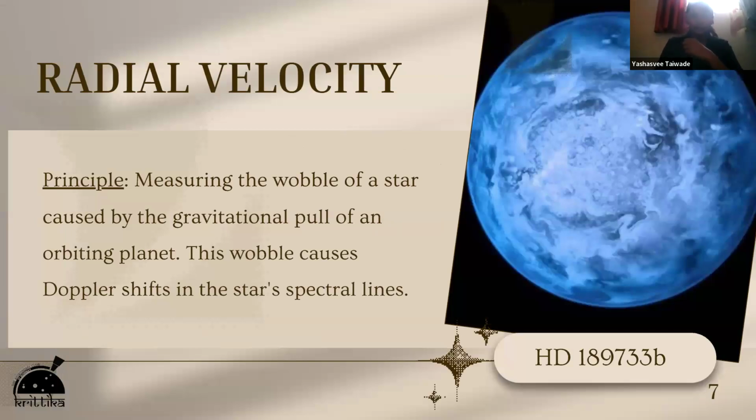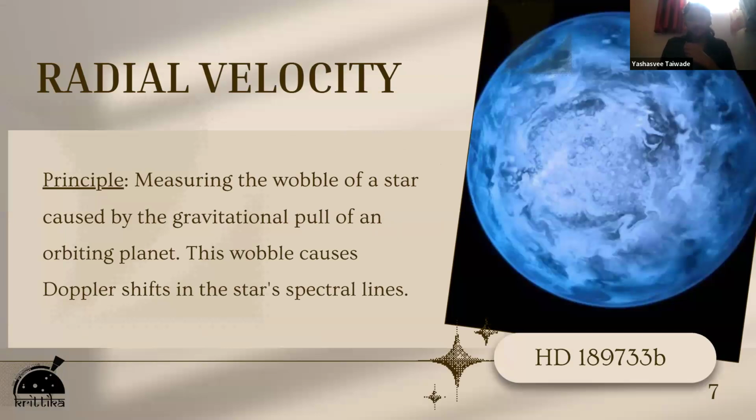The principle of radial velocity is that, as we know, the planet revolves around the star, but it is not exactly that. The star is not always stationary. There is a center of mass, and the star also rotates around it. So we measure this wobble of the star, which is caused by the gravitational pull of the orbiting planet.